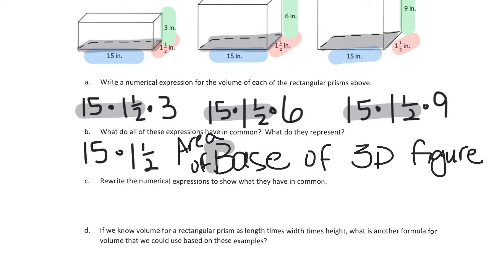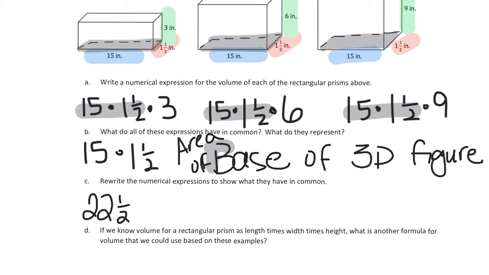Okay, part C says rewrite the numerical expressions, they're referring to the ones in part A, to show what they have in common. So take your calculator and multiply 15 times 1.5. Okay, so when you multiplied 15 times 1.5, you get 22.5. So that is our base.